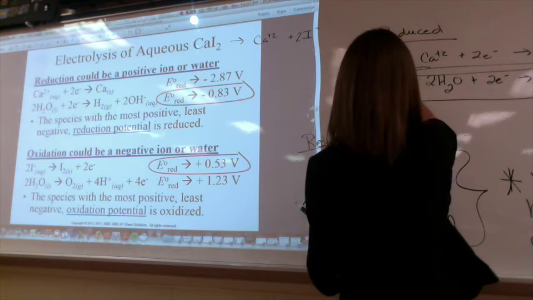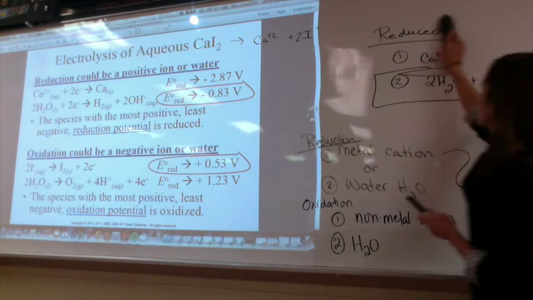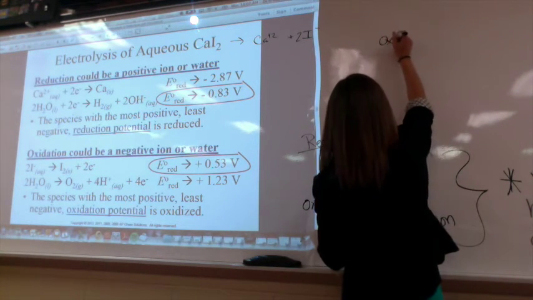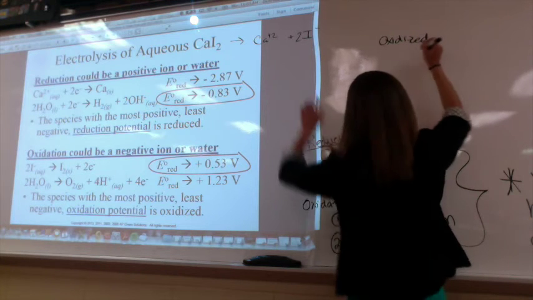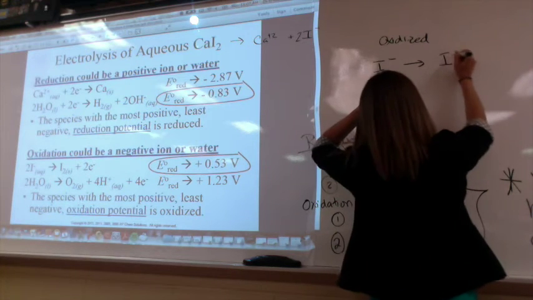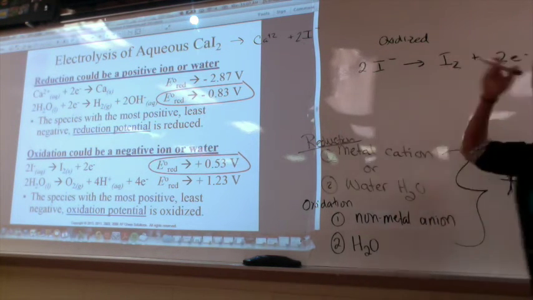So now I'm going to flip this and I'm going to find my oxidation reactions. So on my piece of paper, I would write, if I'm solving a problem, which ones are oxidized. So I already know that my I- is going to go to I2, and it's going to be 2 electrons because we have to balance for the 2 here, right?